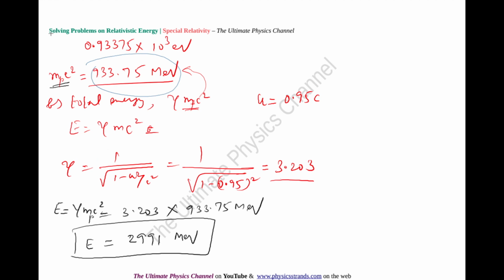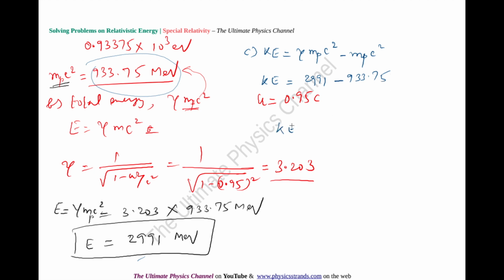Now we can calculate the third part, that is the kinetic energy. Ke is equal to the difference between total energy, that is gamma mpc squared, minus simply the rest mass energy mpc squared. Therefore Ke is the difference between this value 2991 MeV minus this 933.75 MeV.